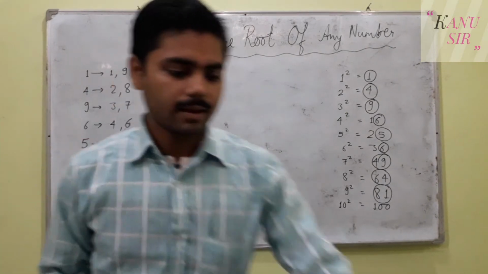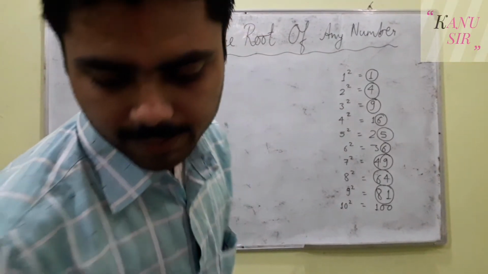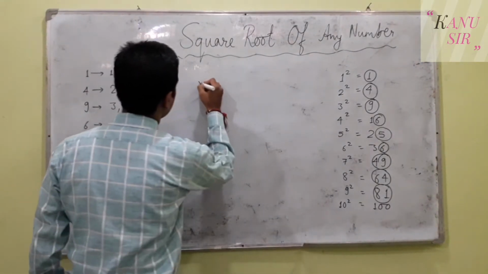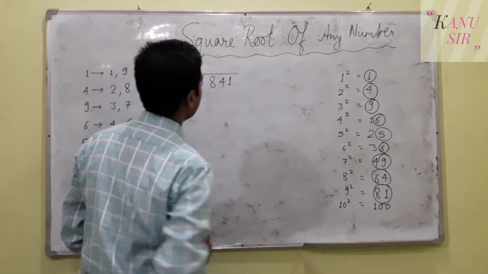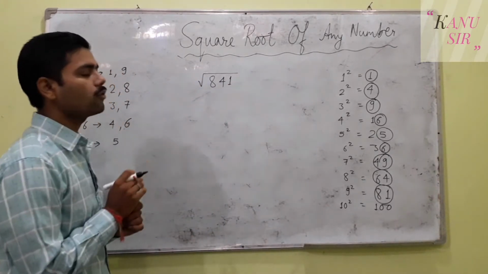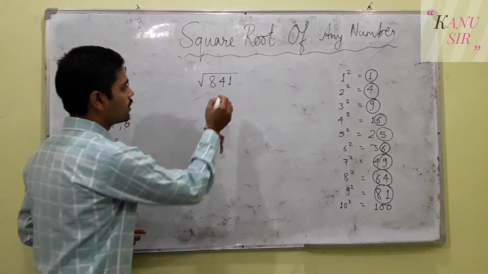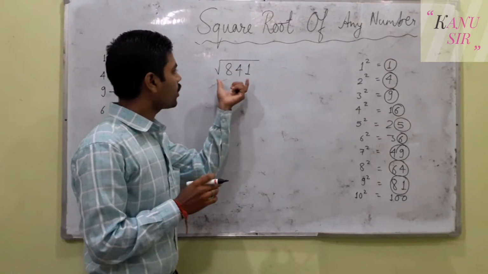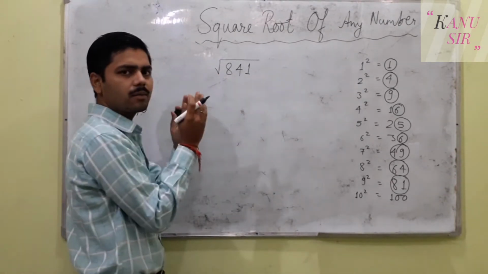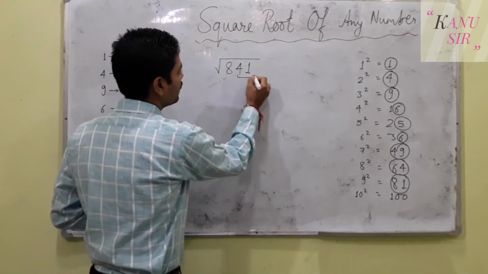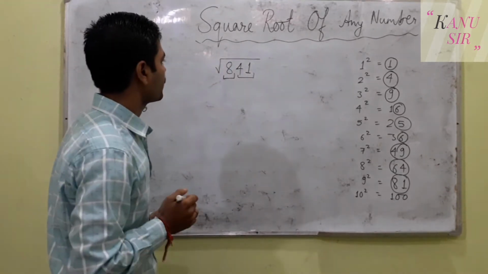So let us take an example of a smaller number, square root of 841. Now how to find the square root of 841 in a simple, easy method. The number has 3 digits, so we break it into 2 parts: 41 as one part and 8 as the second part.